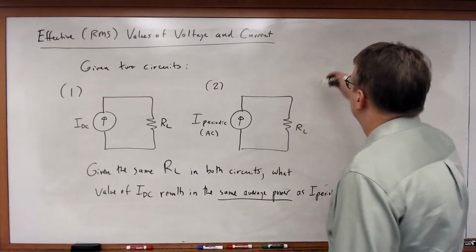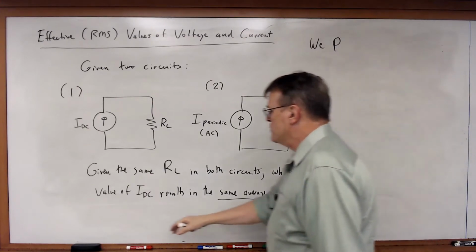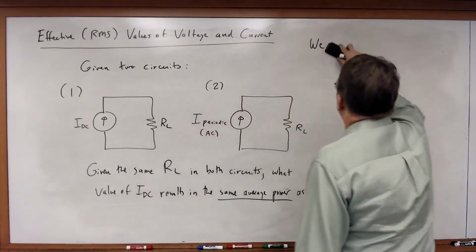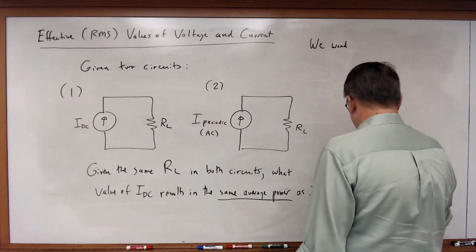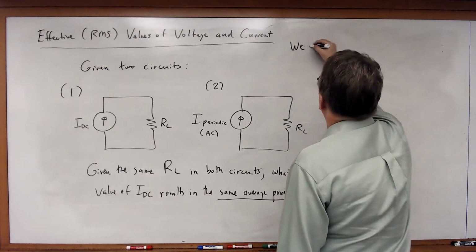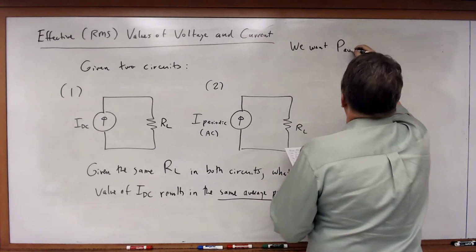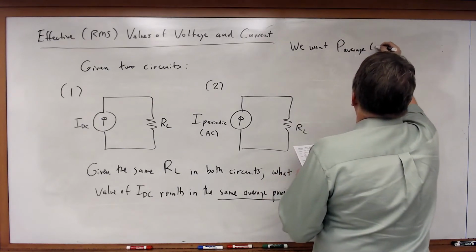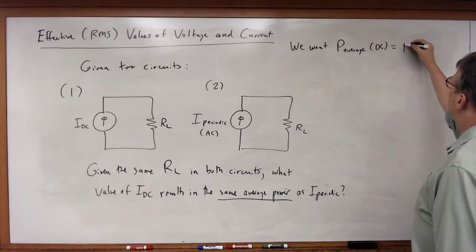We want P average DC to be equal to P average AC.